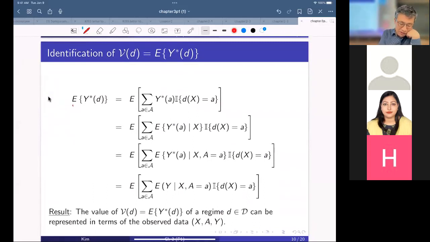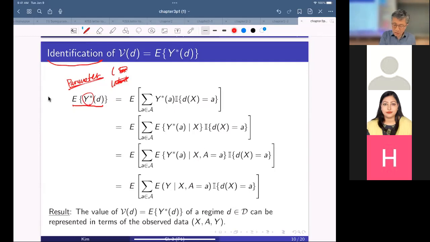Remember that identification means we want to express our target parameter as a function of observed data, observed random variables. The parameter is a function of the latent variable, the potential outcome, missing data.